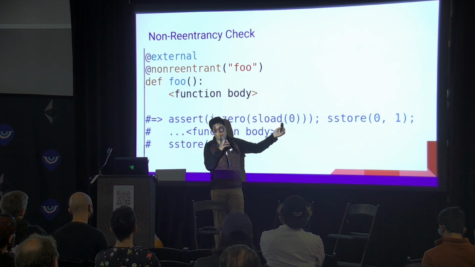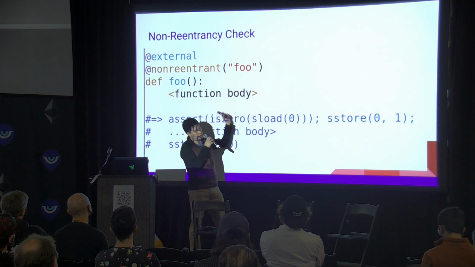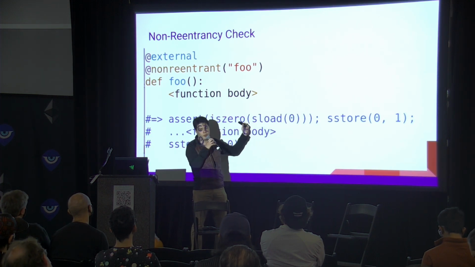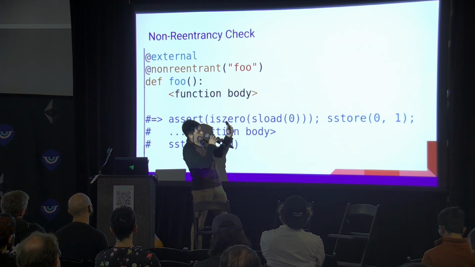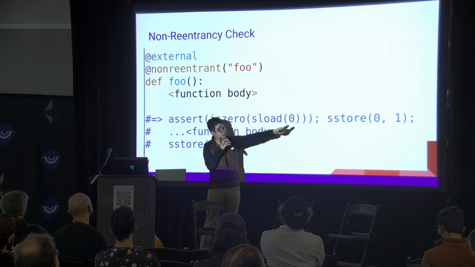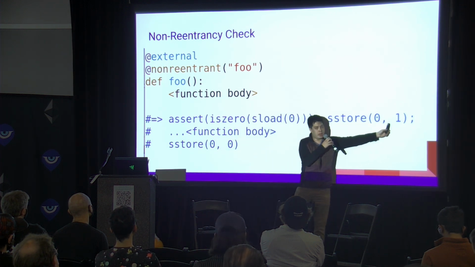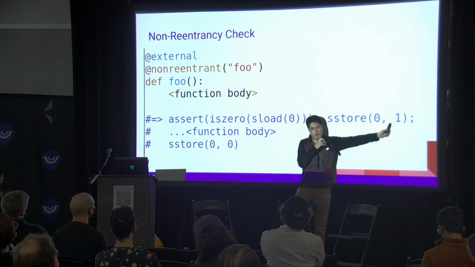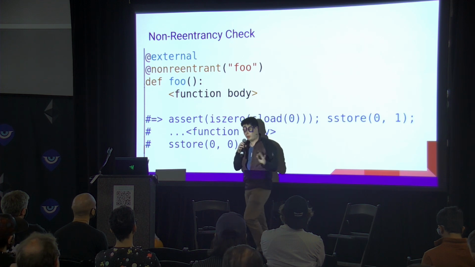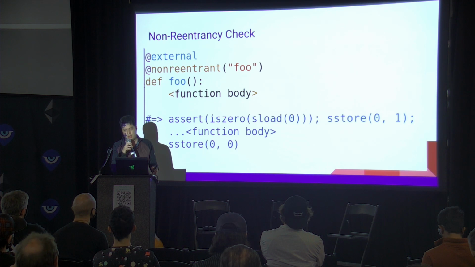What would happen in a reentrancy attack is foo calls out to some other malicious contract, and the malicious contract calls foo again, and because of this assertion, the whole thing is going to revert. By that time we've already hit the SSTORE of 0, 1, and 1 is stored in the storage slot, so we've checked that we can't be re-entered. Does that make sense? Does anybody have any questions?